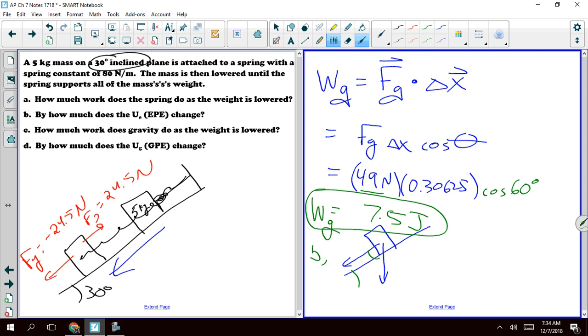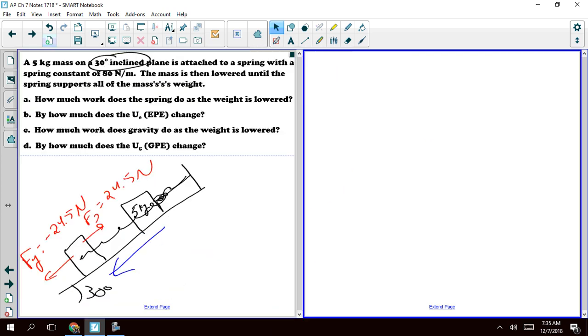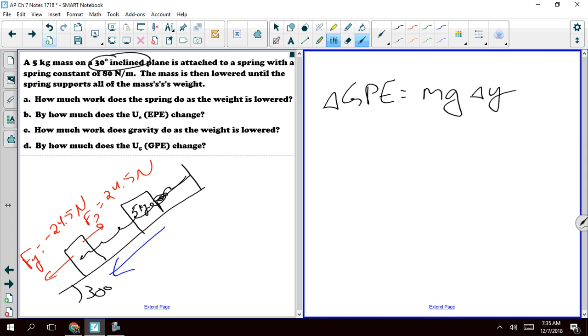Cool. And then our change in gravitational potential energy is mass times gravity times change in y. So we've got to find our change in y. So the idea is our thing is going down 0.30625 meters.